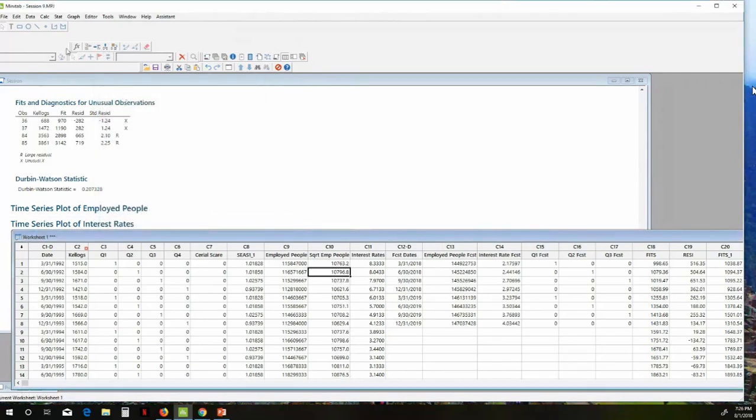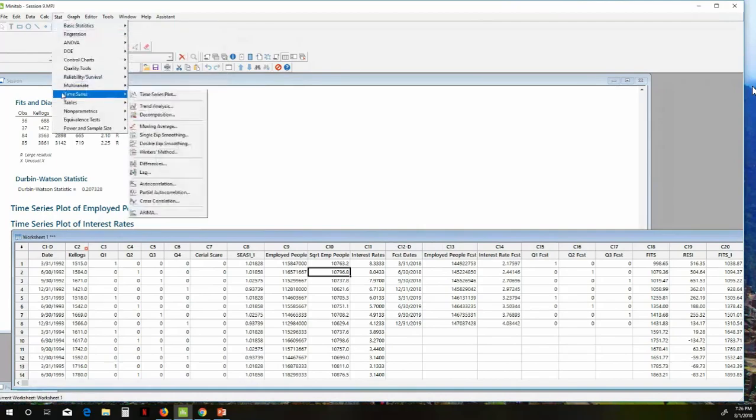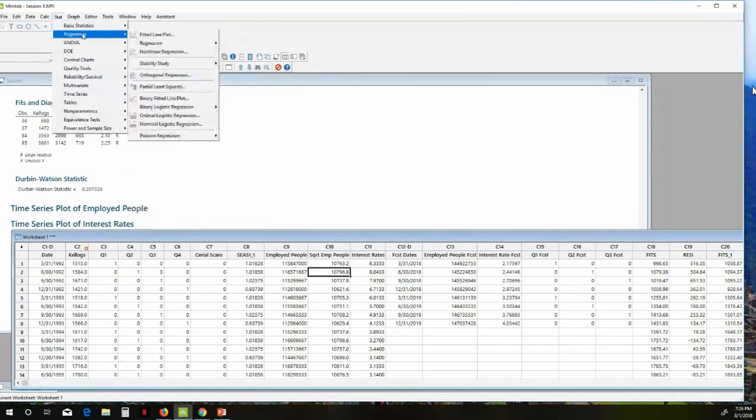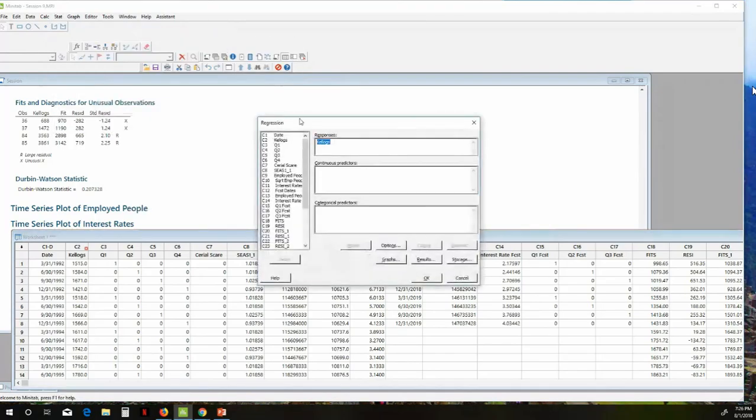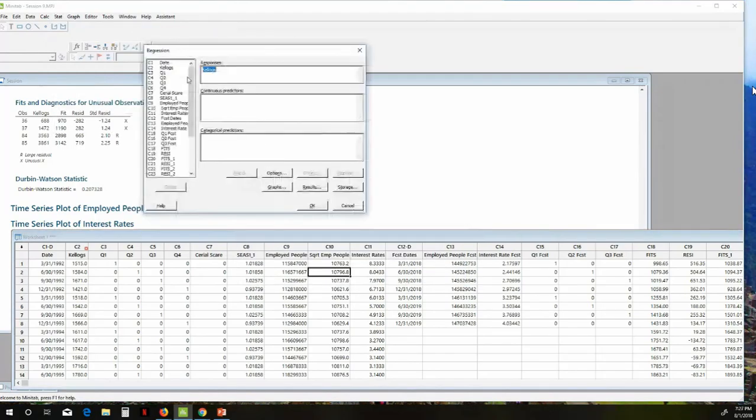And let's run that now and see what happens. See if we can raise the Durbin-Watson statistic a little bit. Regression, fit regression model. I've got to go populate it again. Square root of employed people, interest rates. And we wanted the seasonals in there.